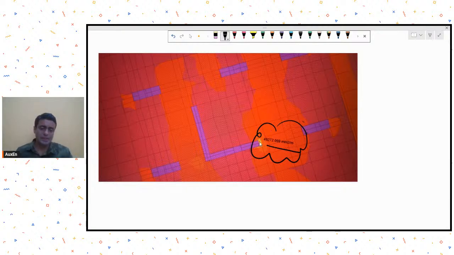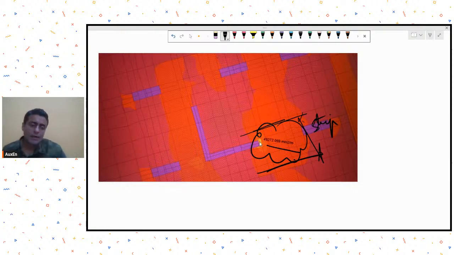In such a case, you may have to do some averaging on your own. Okay, so maybe you can make a strip over here. How wide that strip should be will depend on, I mean, I don't have a straightforward answer for this, but the width of the strip can depend on what type of structure it is, and what moment contours you are getting.